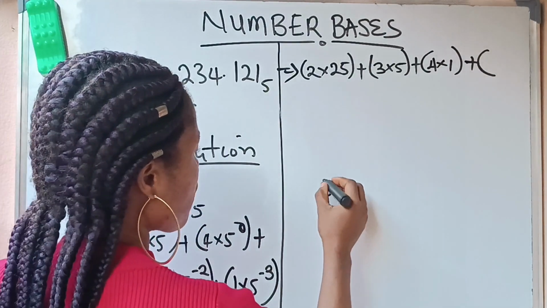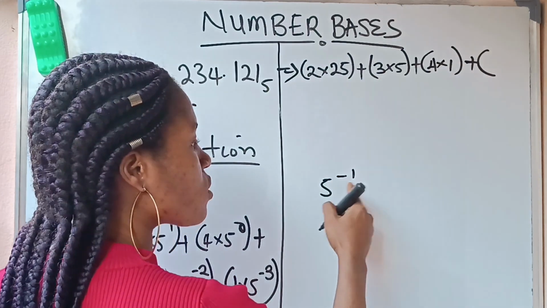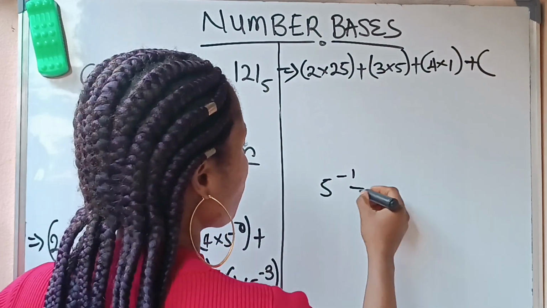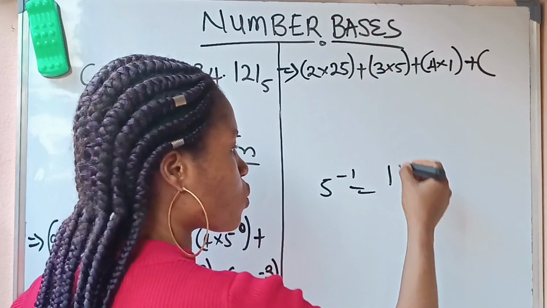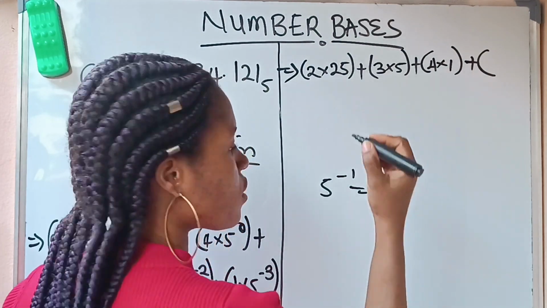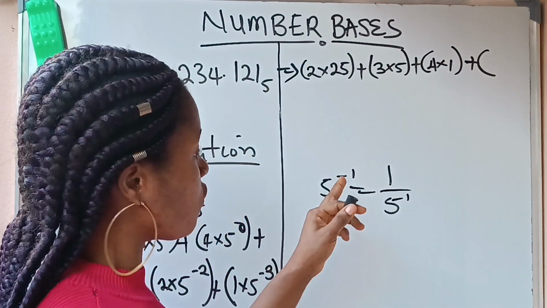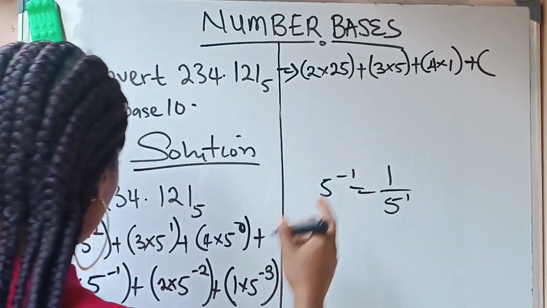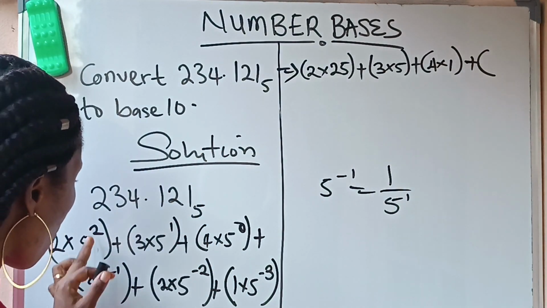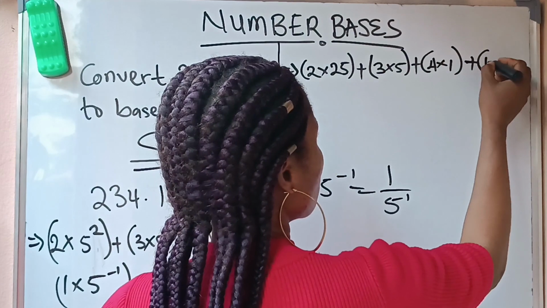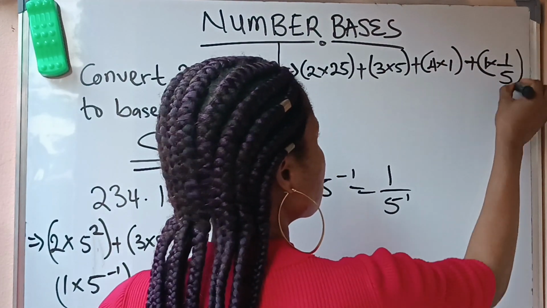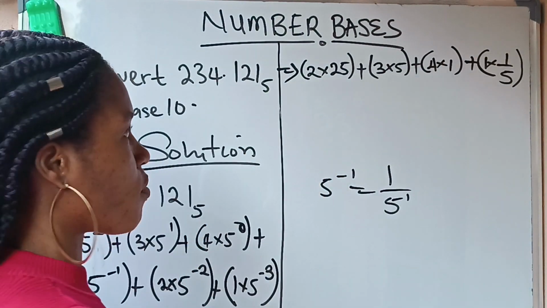I want you to know that 5 raised to the power of -1, if I want to remove this negative sign, then I'm going to introduce 1 over, before I write the 5 raised to the power of 1. So what I'm now going to write here is 1 times 1 over 5 instead of 5 raised to the power of -1.